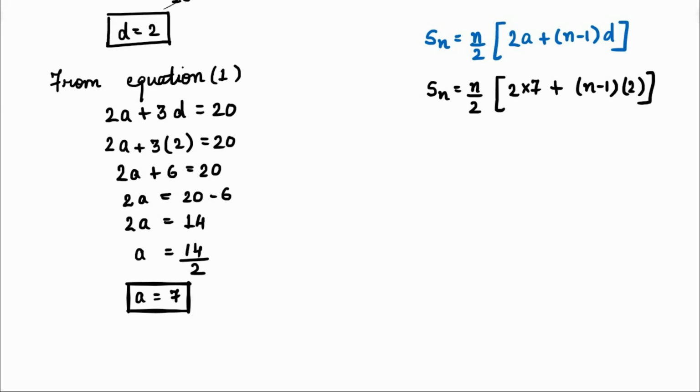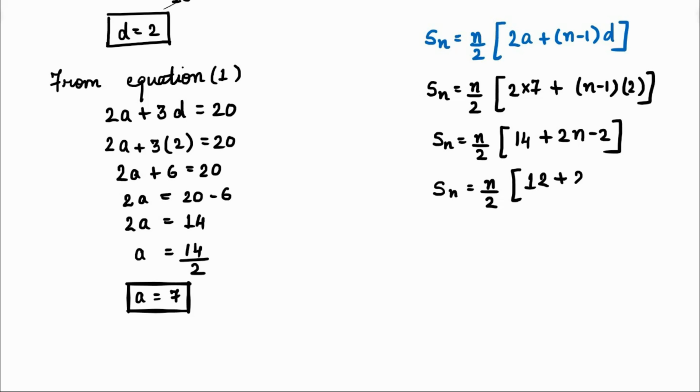So we get Sn equals n by 2, 14 plus 2n minus 2. So Sn equals n by 2, 14 minus 2 gives us 12 plus 2n. Now we can take out 2 common from the bracket. So we are left with 6 plus n.